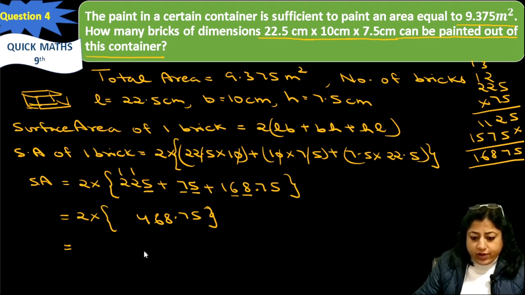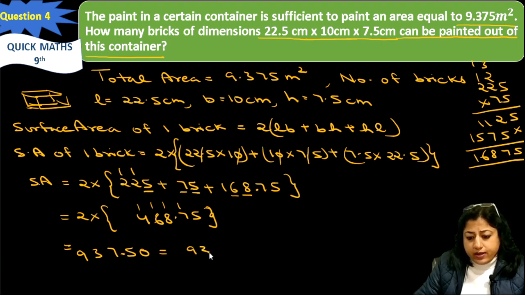Multiplying by 2 gives 937.5, with 2 places of decimal. We can say this is centimeter square.